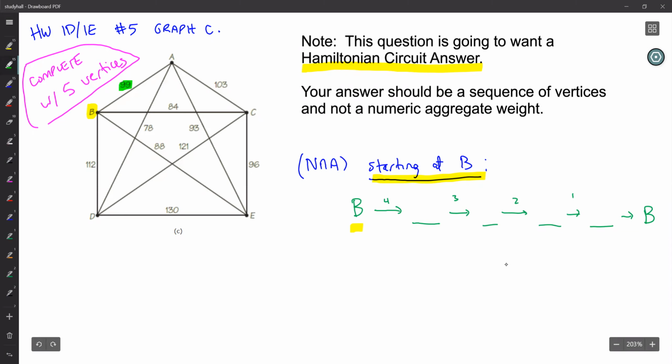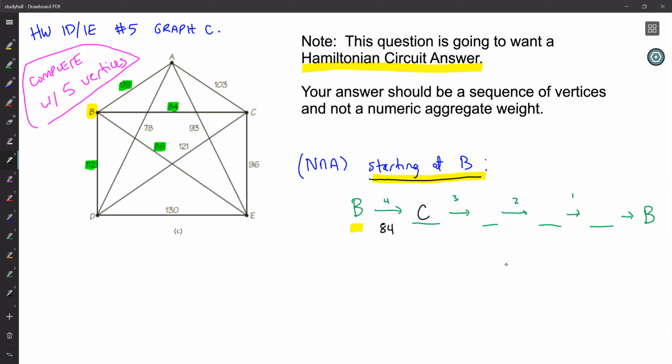B to C, if you look at this segment here, is an 84. B to E is 88. And B to D is 112. So my choice here is C, right? That 84 is the lowest value I'm going to have.